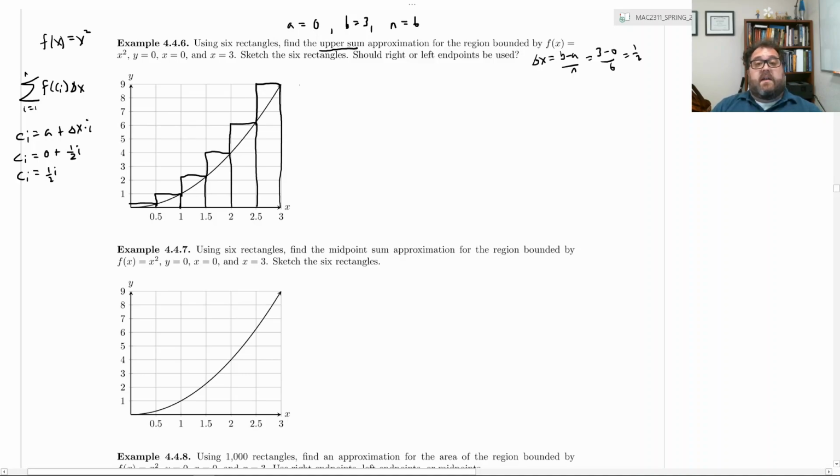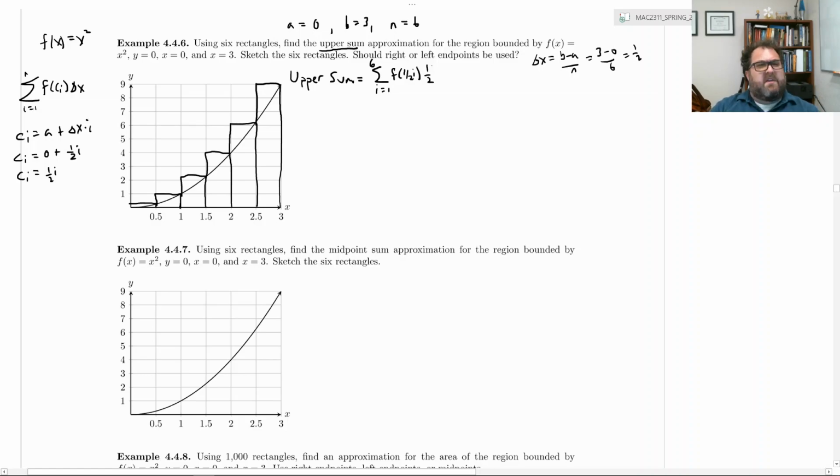Now we can set up our Riemann sum. The upper sum approximation is equal to the sum from i equals 1 to 6, since 6 is n, of f of c sub i, where c sub i is 1/2 times i, times delta x, which is 1/2.